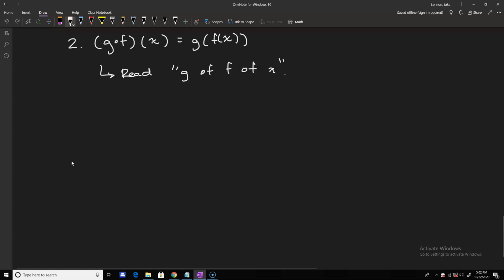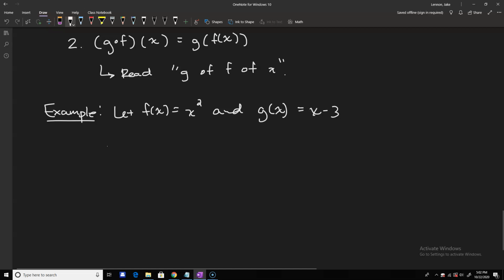So for example, let's go ahead and let f of x be the formula x squared, and g of x be equal to x minus 3.